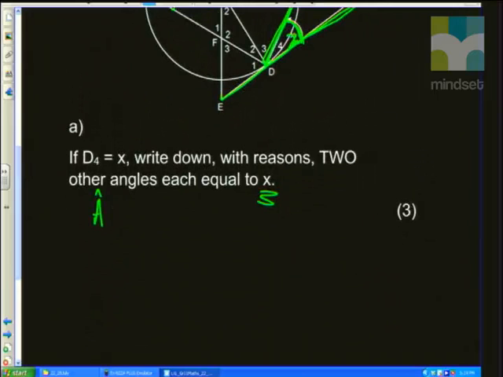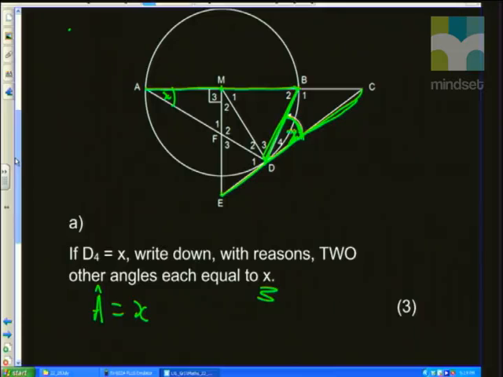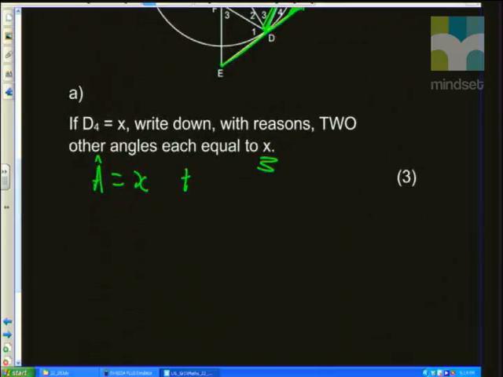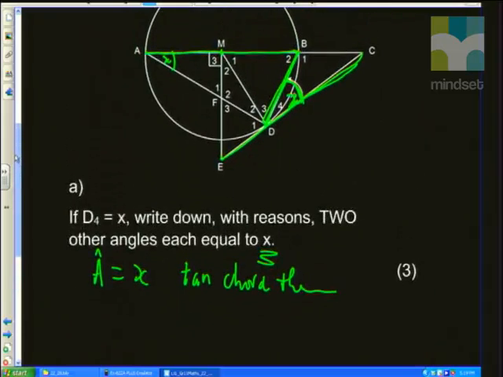So angle A is X. You can say DAB is X, and your reasoning is the tan chord theorem.